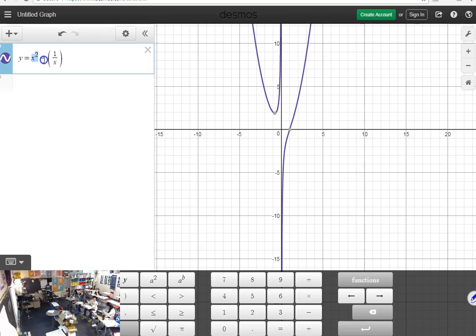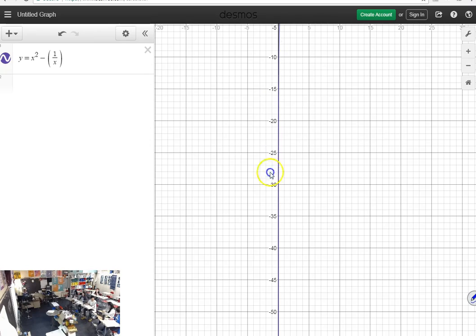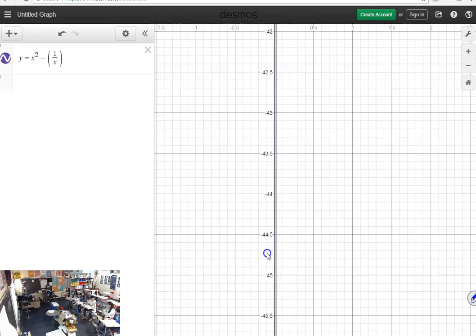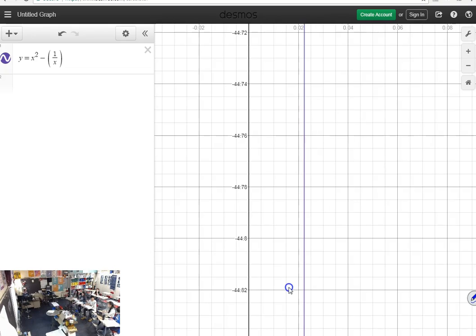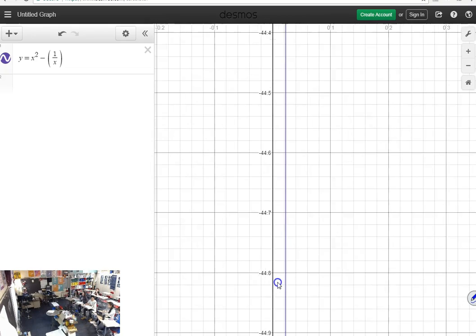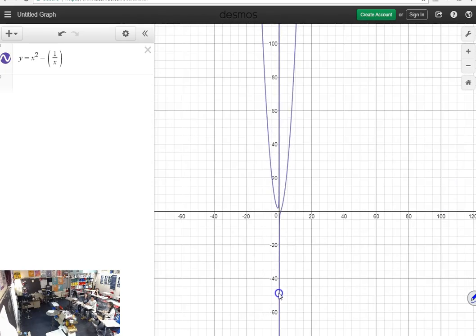Does that make one long infinite line? No. Well, there's an asymptote at 0. So this line, the purple line, wants to get infinitely closer to the y-axis. But as you zoom in, you can see it's not touching. So I could go way far down.